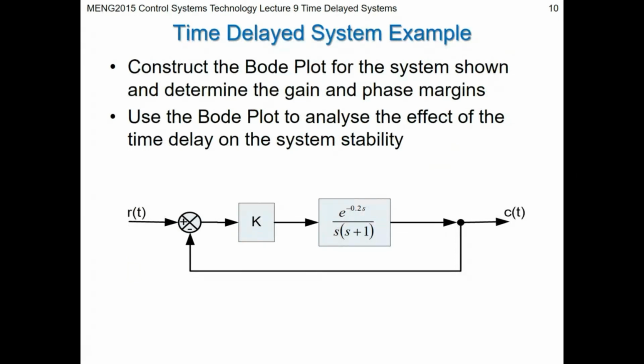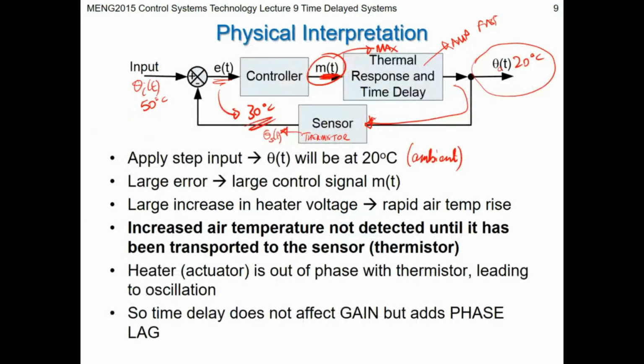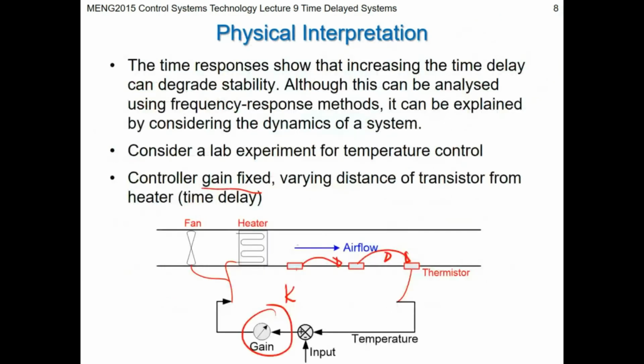So let's do an example. This is just kind of trying to explain with this example, or this situation with our lab experiment of air flowing through a pipe, what is happening.